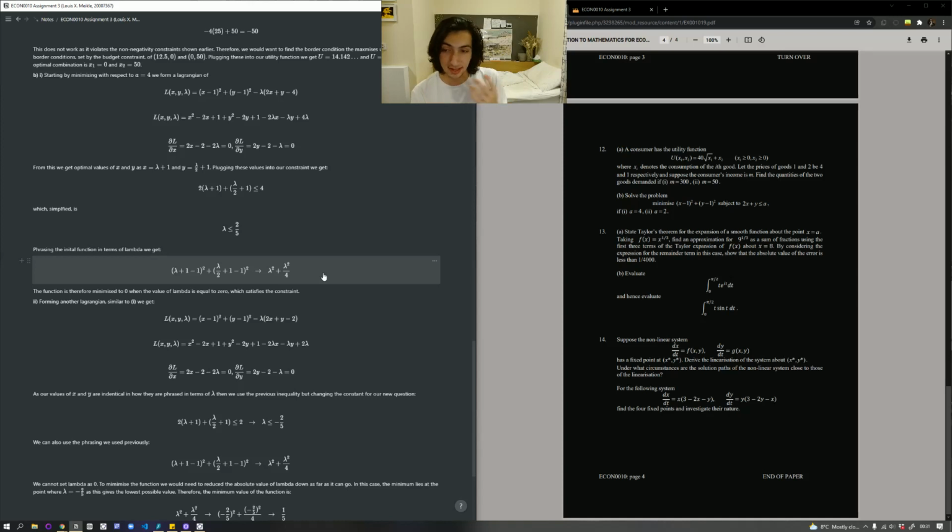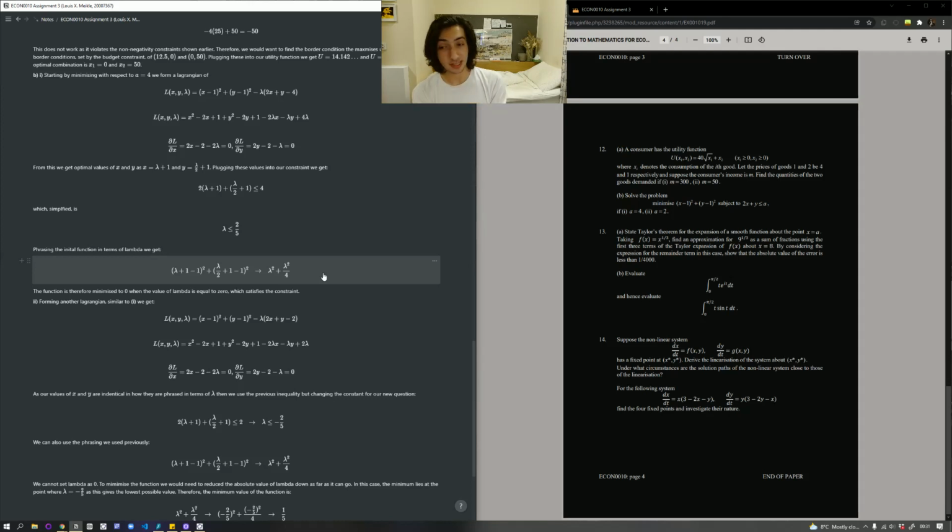Well, because lambda can be smaller than 2 over 5 and every one of these values is squared, we would be better off minimizing lambda close to 0, because this is essentially going to be like an absolute value, right? Because if we're squaring, we're going to have a positive value either way. So we probably want to make our value as small as possible. And here, given that lambda can be smaller than 2 over 5, we can essentially set lambda to 0, and we have minimized it. So that's essentially the best solution for us.